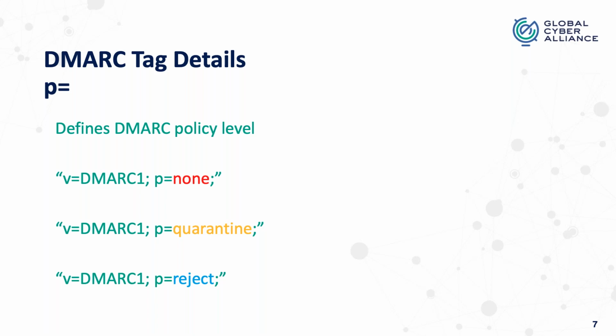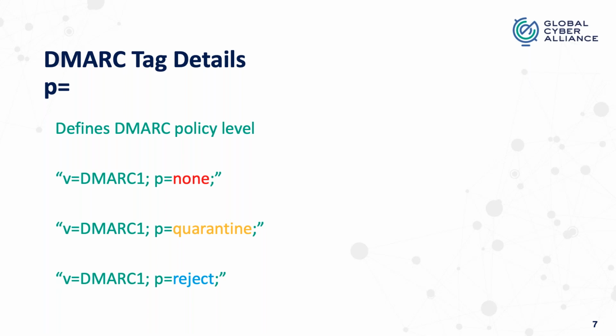So the p tag must be second. I have seen cases where the p tag ends up somewhere in the middle or towards the end. Technically it would work, but the problem is that the majority of the DMARC validators and verification tools out there look for the p tag to be the second tag in the policy. If they don't see it as the second tag, they consider it an invalid policy.